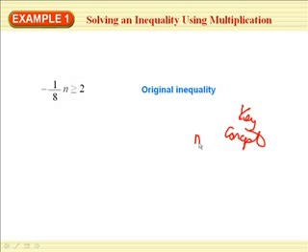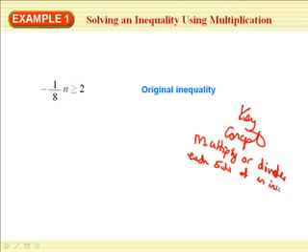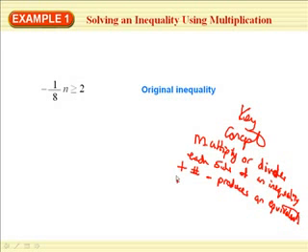When you multiply or divide each side of an inequality by a positive number, it produces an equivalent inequality.